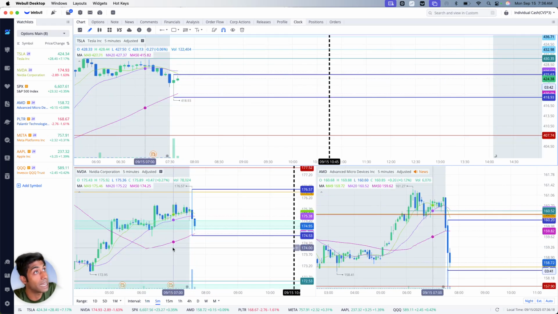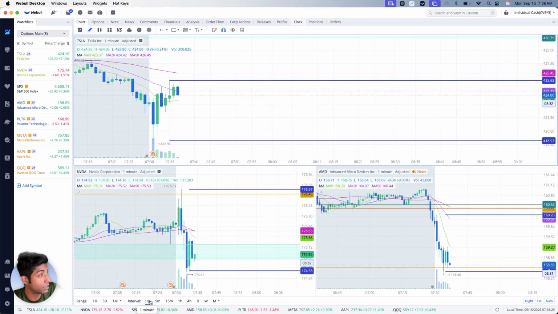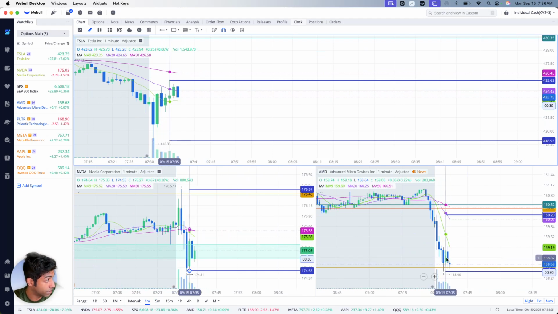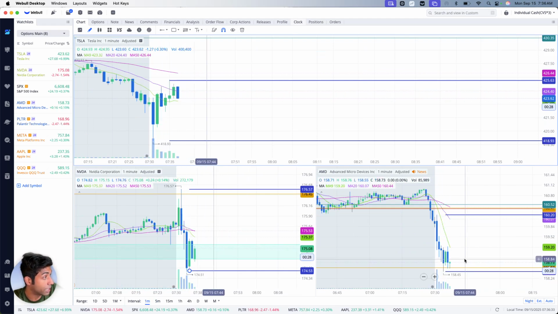Go back to a 5. AMD is kind of holding true. Not sure what Nvidia is doing. Tesla looks like it still wants to pop. This was a little bit of a test here too on AMD. We'll see what happens.